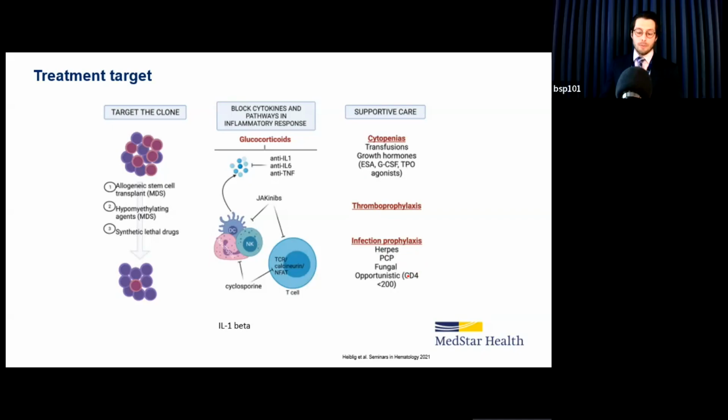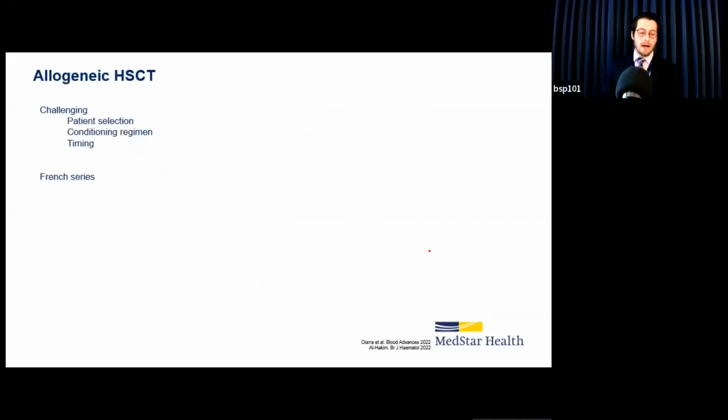So regarding transplant, it's very challenging, again, because of the age of the patients, the comorbidities, and the thought that the risk of complications after transplant, including transplant-related mortality, GVHD, is probably very high in these patients. So patient selection is very important.